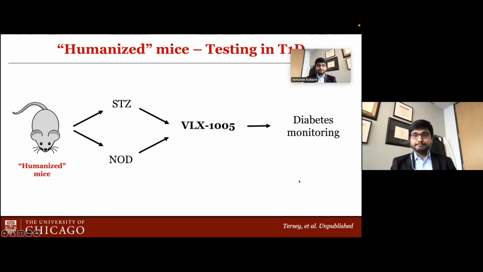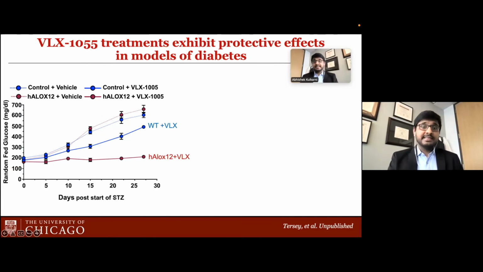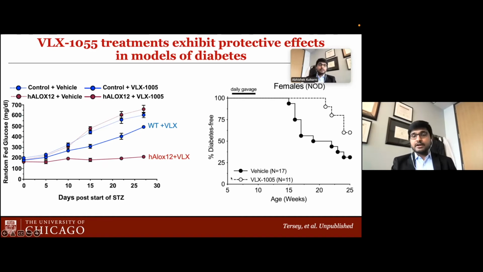So first, with the STZ streptozotocin studies, we observed that in the controls, there was the expected induction of hyperglycemia. However, when the humanized 12-LOX mice were treated with VLX, it protected the mice from diabetes development. A similar protective effect was also seen in our humanized NOD mice, wherein administration of VLX1005 delayed diabetes development.